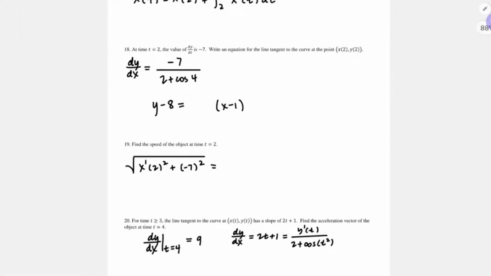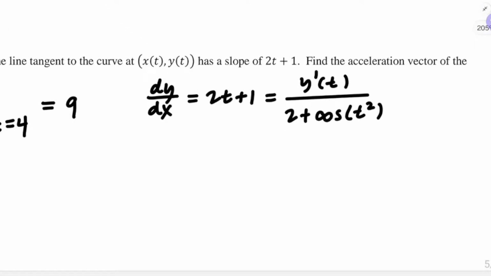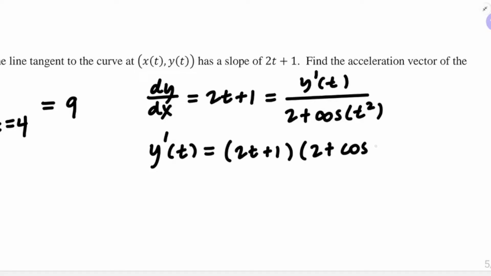That's telling me that y prime, because I needed something I can take the derivative of in order to get the acceleration vector. I can take the second derivative of x easily because it gave me x prime, but I needed something for y prime of t. Having it at one point is not useful at all. So y prime of t is 2t plus 1 multiplied by 2 plus cosine of t squared.